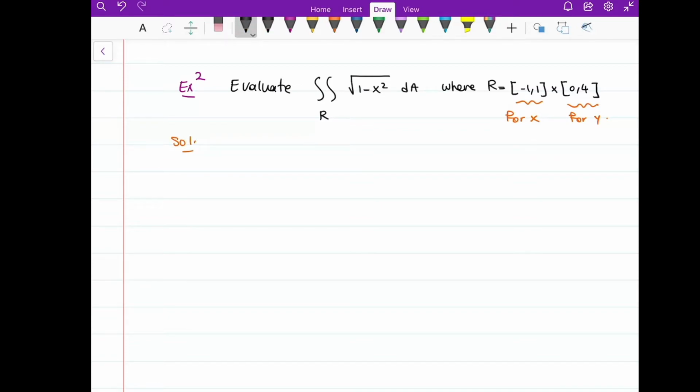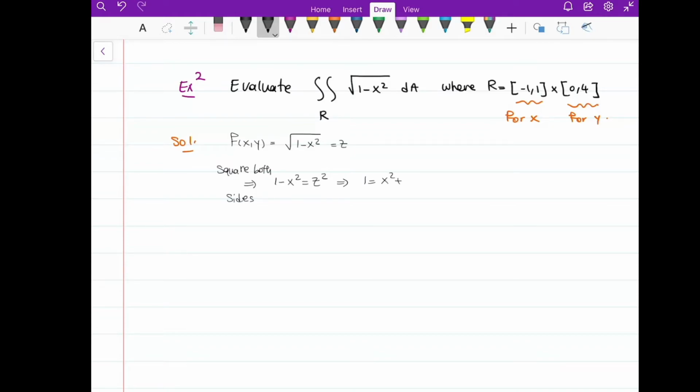I'm going to say that the function f of x and y is given as the square root of 1 minus x squared. This is my z. Okay, if I want to graph it, I'm not that comfortable with the square root. That's why I square both sides. I get this, then I bring x squared to the other side.